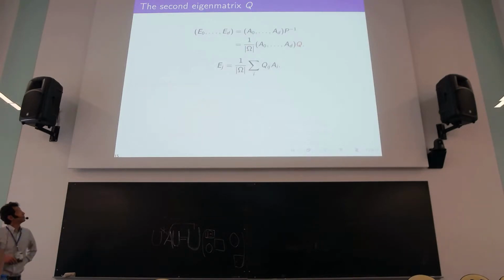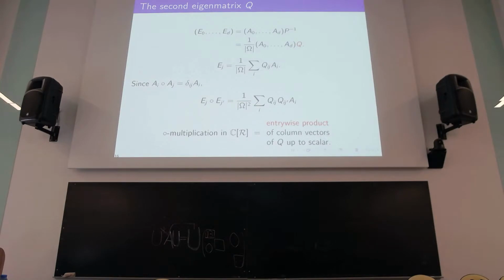Now, if I perform the entry-wise multiplication, because they behave very nicely, if you multiply them together by the Schur-Hadamard product, you just multiply coefficient-wise. So it's immediate to express what happens to this Schur-Hadamard product of the primitive idempotents if you express them in terms of adjacency matrices. It's just that the coefficients are multiplied.